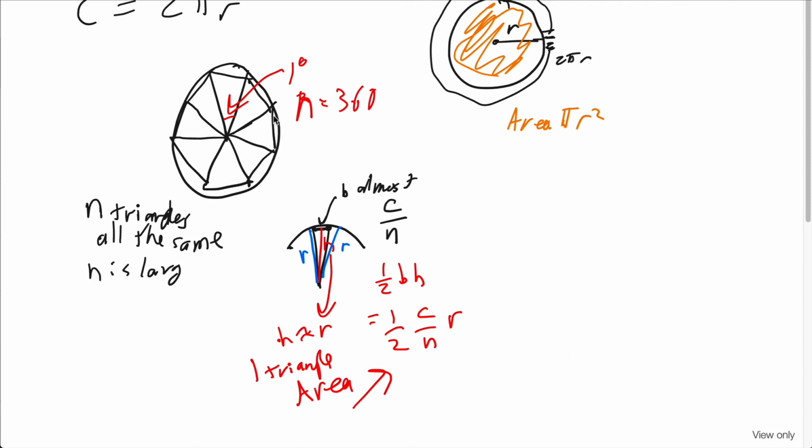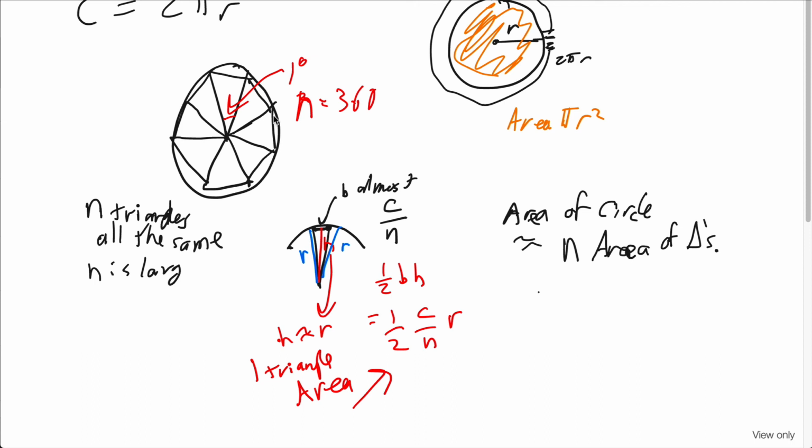Well, it's almost the same as the area of the circle. So the area of the circle is approximately n times the area of the triangles, right? There's n of them. You add up all their areas, and that's approximately the area of the circle.